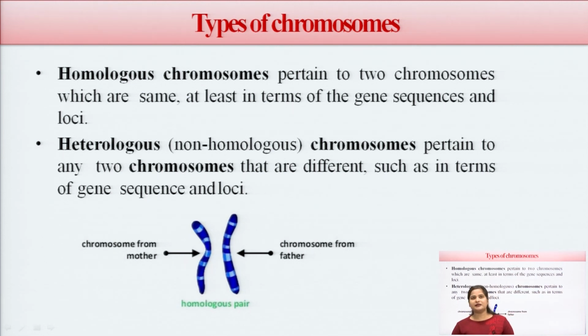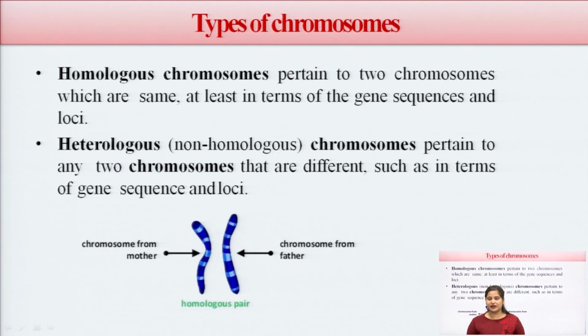Now, there are various types of chromosomes, right. There is the homologous chromosome. Homologous means when two substances are identical to each other, when the two are the same. Homologous chromosomes are two chromosomes that are the same at least in terms of gene sequence or loci.